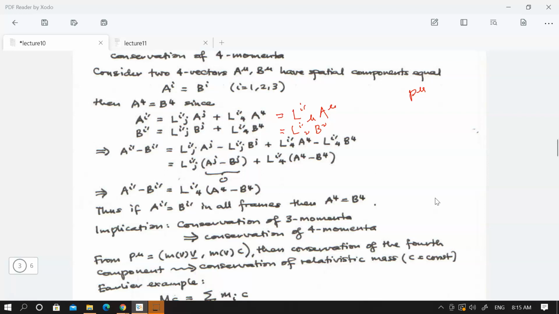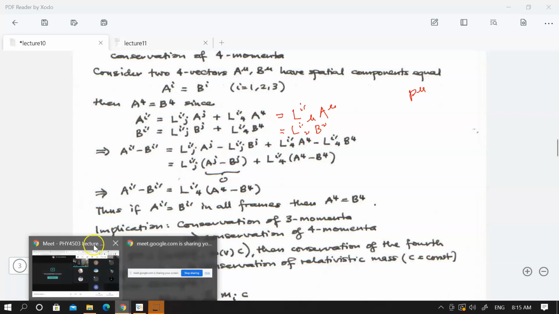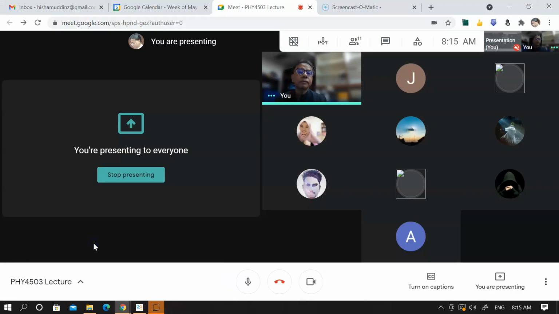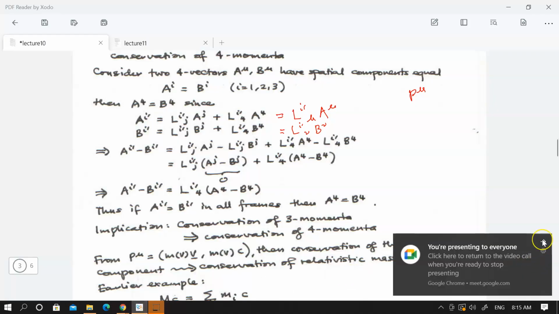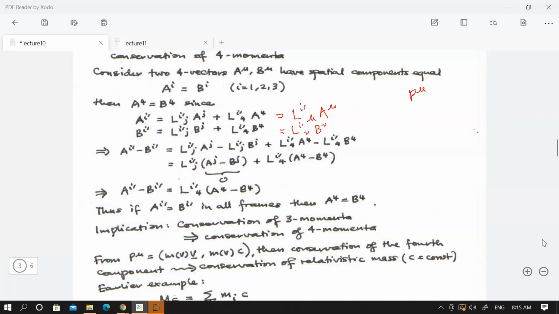term minus this term. So we have that difference coming in. And then essentially this is now equal. We made the first assumption that the components are equal in one frame.